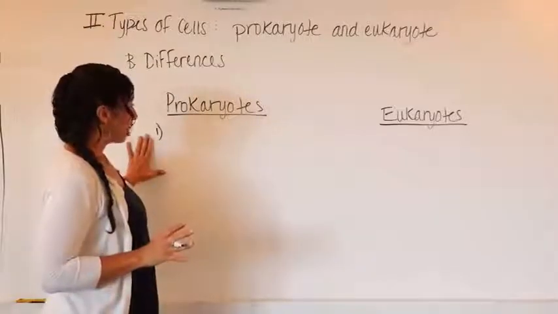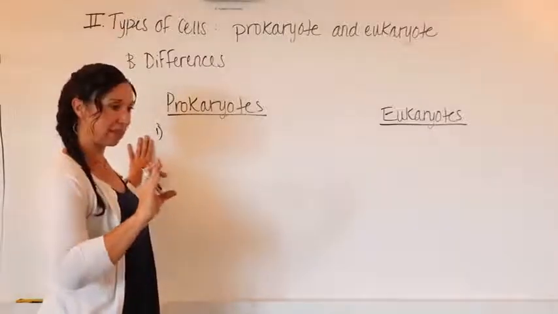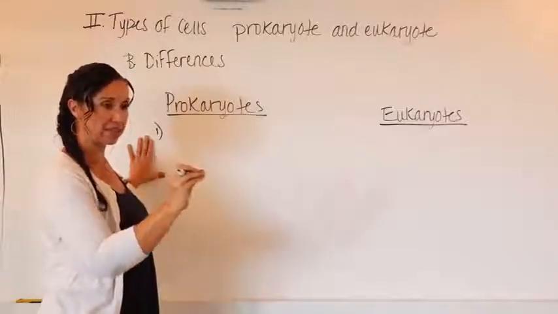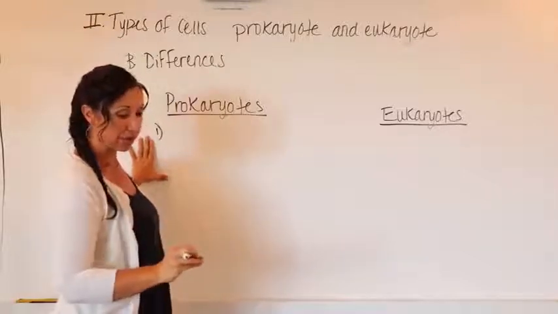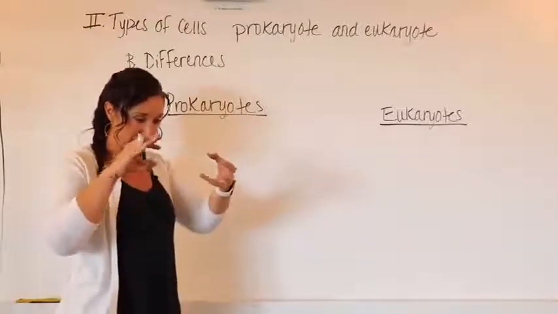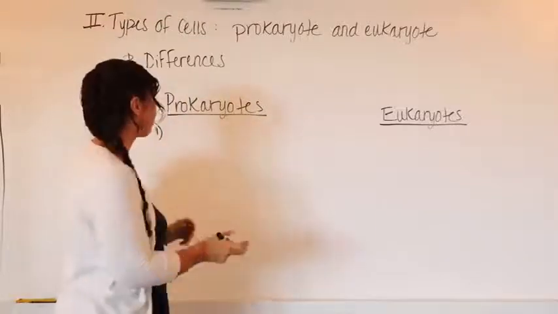So, for prokaryotes, their DNA is packaged a little bit differently, and it's placed in a specialized part inside that cell. So for prokaryotes, it's concentrated, it's squished together, if you will, in a region called the nucleoid.